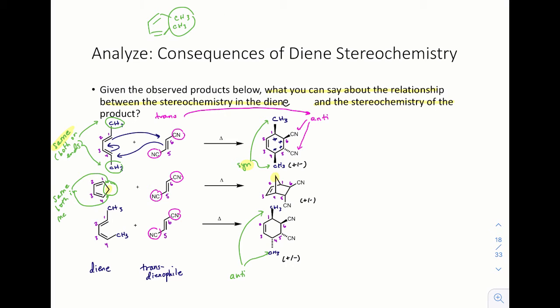They're both in the middle. And the opposite of this is true for the methyl groups in that last diene. They occupy different positions. One is on the end, and then one is pointing into the middle of the diene. So they have different positions, and so they end up anti in the product.